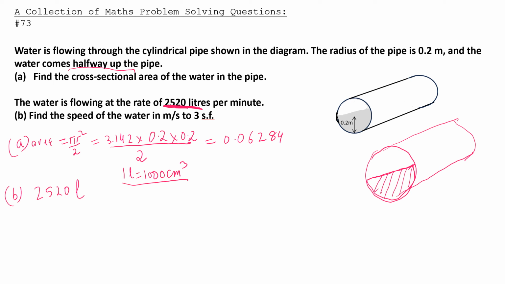So, we'll do it the other way: 1 centimeter cube equals 1 out of 100 times 100 times 100 meter cube.